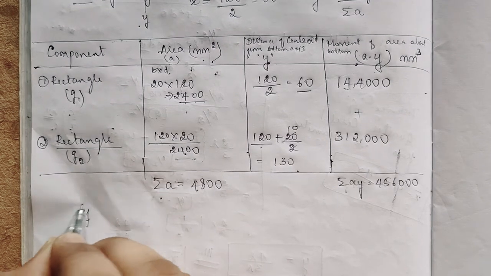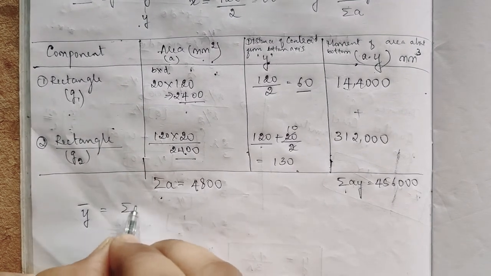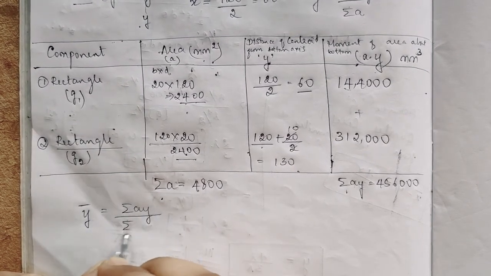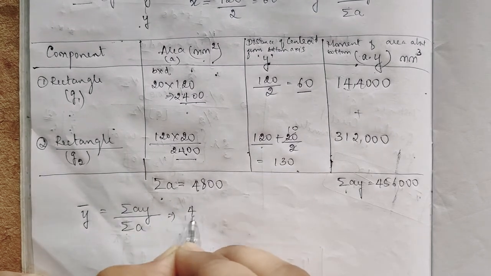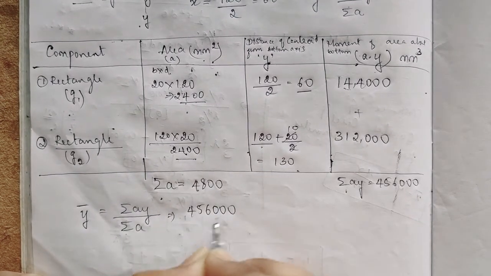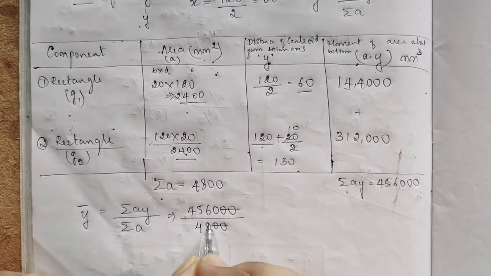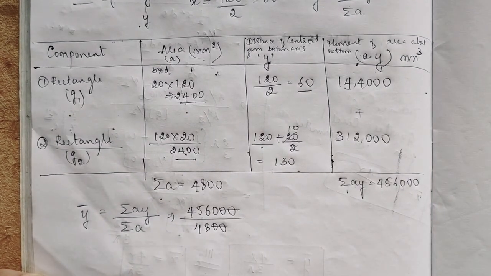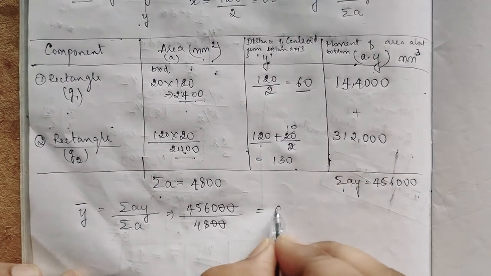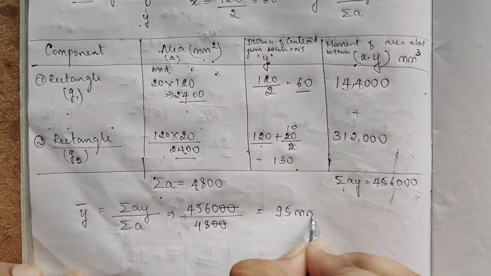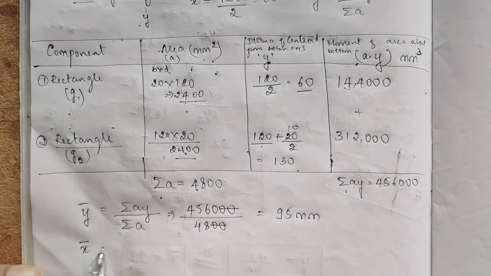Now what we have to do? So y bar is equal to, what is our formula? Summation of ay by summation a, that is 456,000 divided by 4800. Cancelling, 4560 divided by 48 is nothing but the y bar is 95 mm.